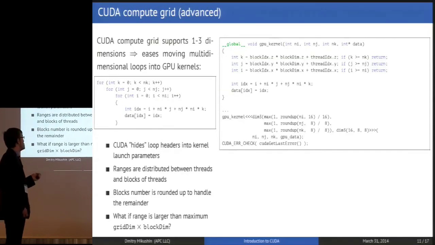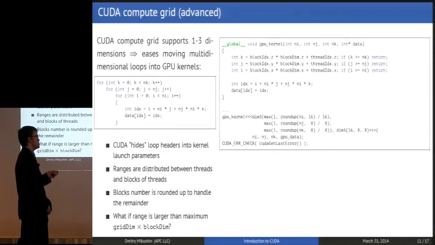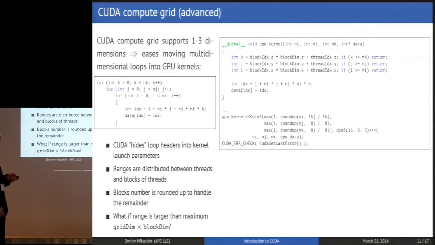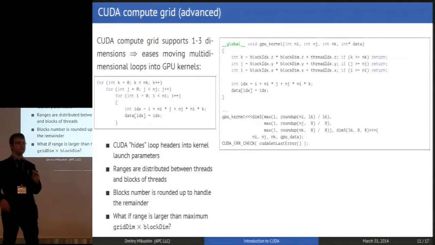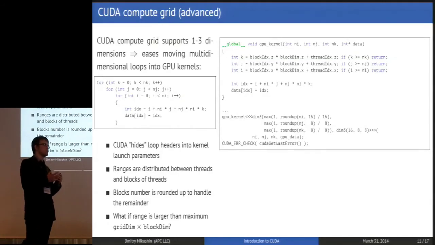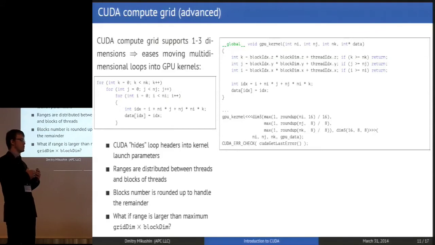Okay, so this is the typical scenario for how you can port a CPU loop into a GPU kernel. It's simple, but sometimes it's not enough. The thing is that on different kinds of GPUs, there are limitations on the maximum possible values of block dimensions, block sizes, block grid dimensions, and block grid sizes.